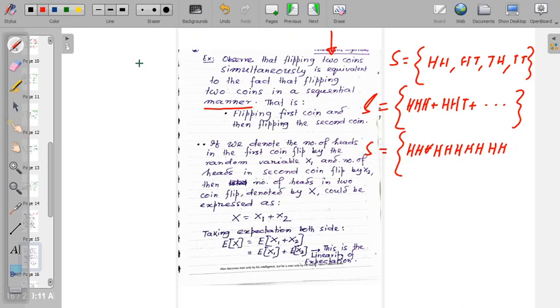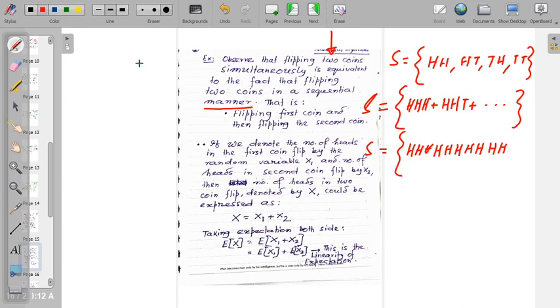So this is a big experiment. I am thinking all n coins, or all 10 coins, I am simultaneously flipping, and then taking the outcome as a big picture and jotting it down. Then life will not be easier. Okay.